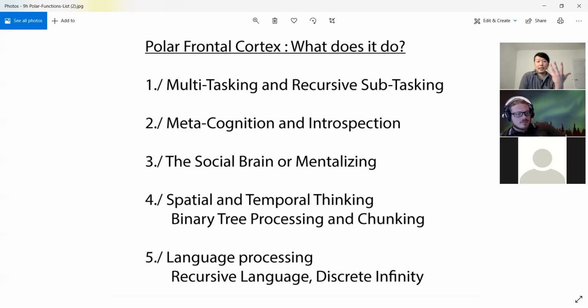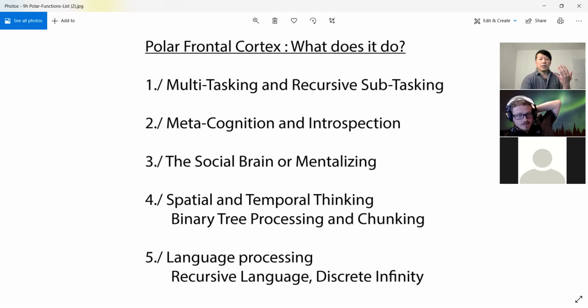This ability to process space egocentrically as binary trees, coupled with the recursive chunking snapshot ability of the polar frontal cortex, creates a universal binary tree processor that can represent space and time, that can represent me walking down the street, that can represent language, that can represent music. I can use this universal cognitive binary tree processor to process anything, language, space, time, in an interconnected way.